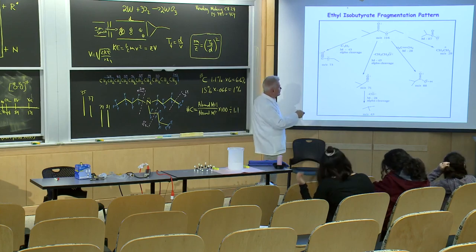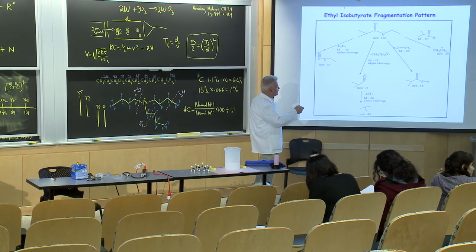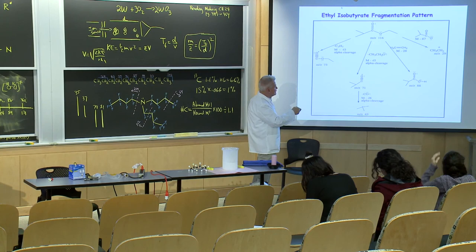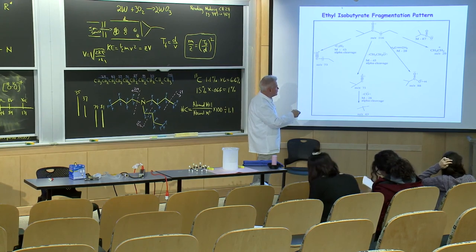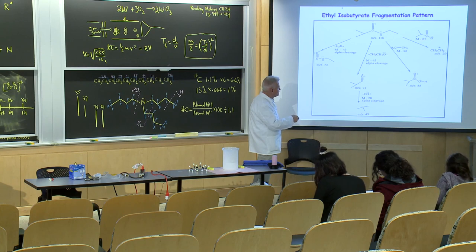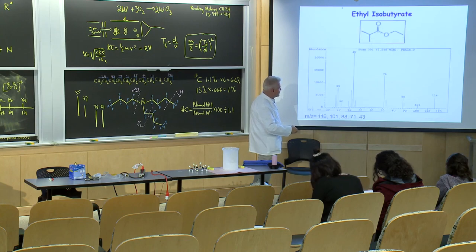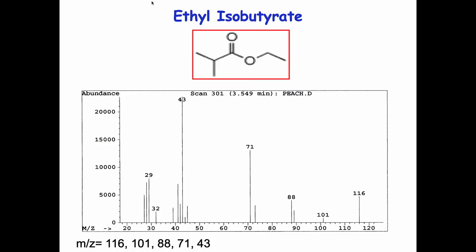So if you cleave the ester here, right by this carbonyl, you lose this, do this alpha cleavage, you'll get this 71 fragment, which can then lose carbon monoxide to give you a 43 fragment. So if we go back here, there's our 71 and there's our 43.